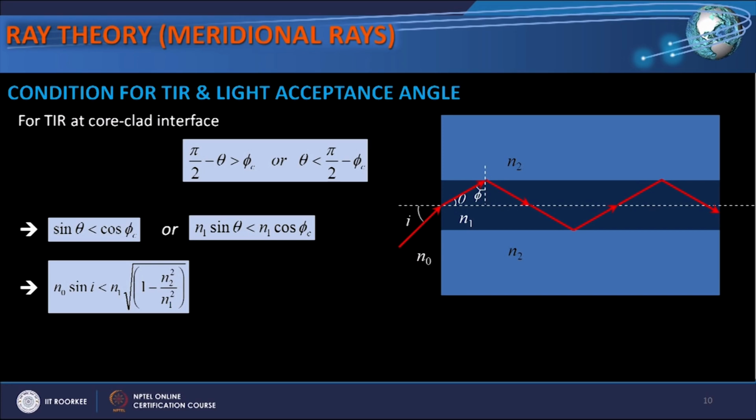and n1 sin theta is equal to n0 sin I. So, this equation will now give me n0 sin I should be less than n1 square root of 1 minus n2 square over n1 square, or sin I should be less than square root of n1 square minus n2 square over n0.